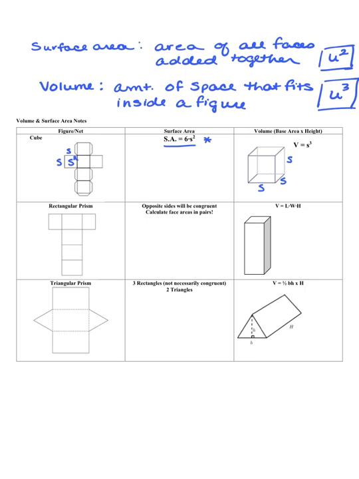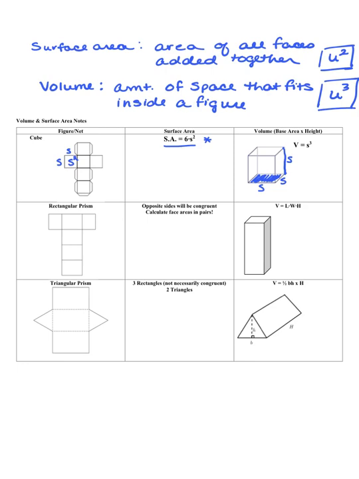For the volume of a cube, what we're saying is that the area of that base layer times the height will give us the volume. Imagine if you place a really thin piece of paper that's the exact size of that base of the cube, and you keep stacking up pieces of paper until you fill the entire cube. You're going to stack them up for the full height of that cube.